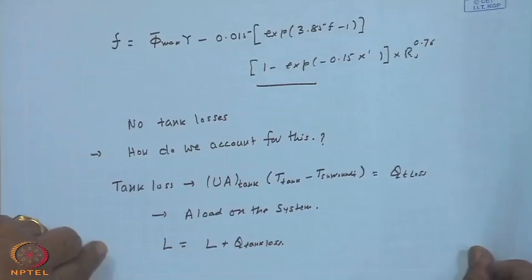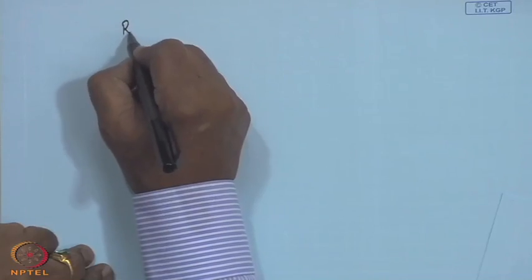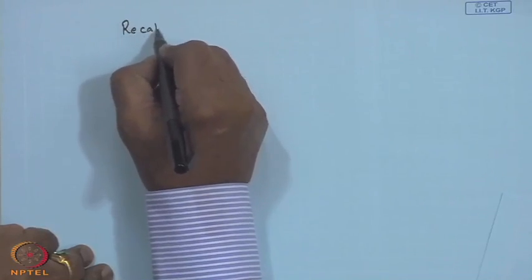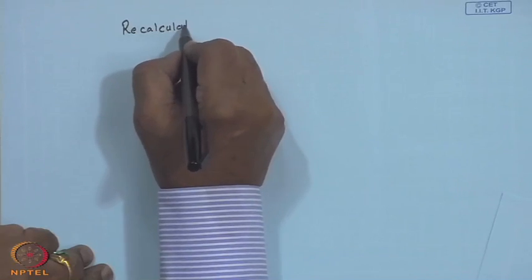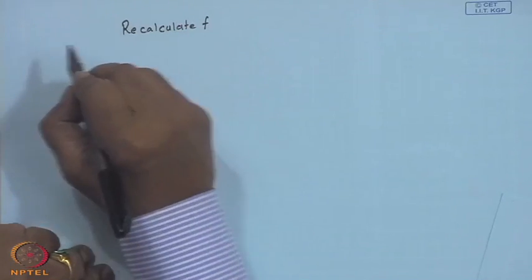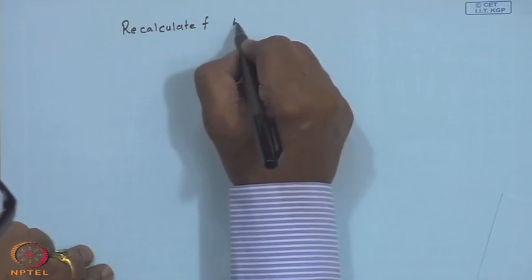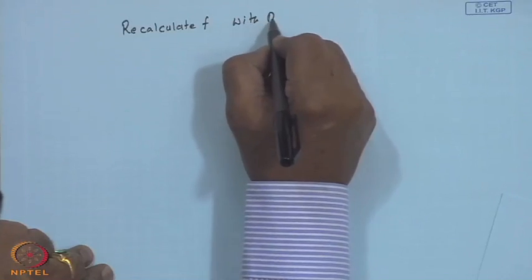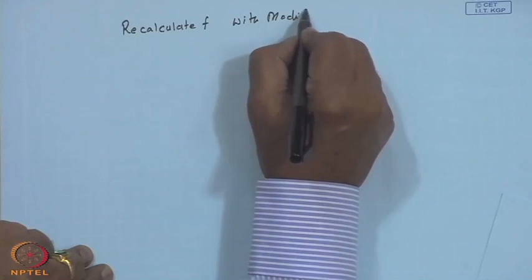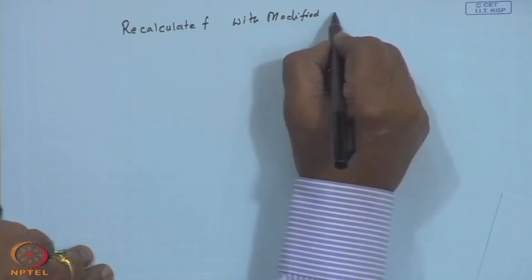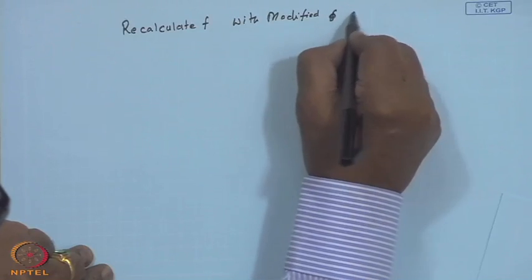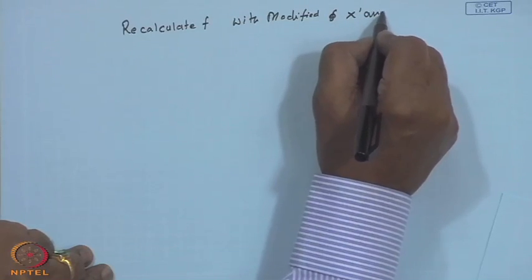Okay. Then recalculate F with modified x dashed and y.